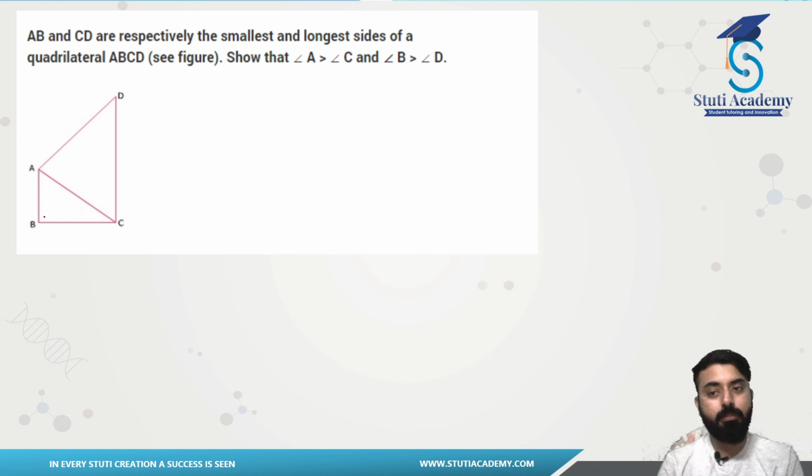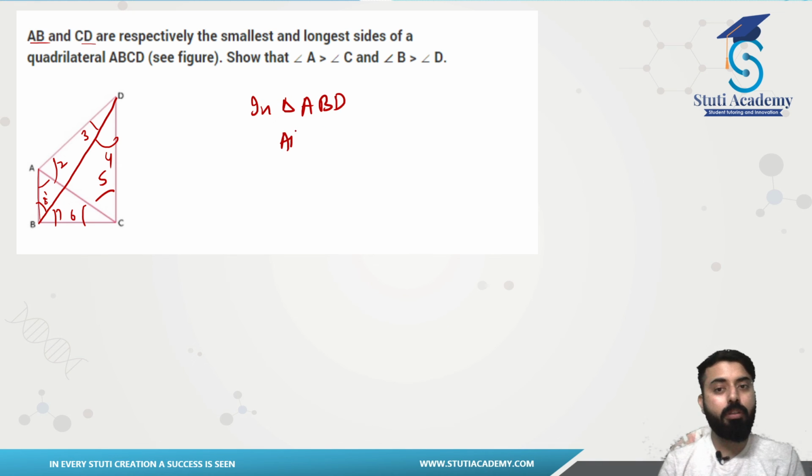First, let's join BD also. Now mark the points 1, 2, 3, 4, 5, 6, 7, and 8. You know AB and CD are respectively the smallest and longest sides. If I take triangle ABD, I know AB is the smallest side.